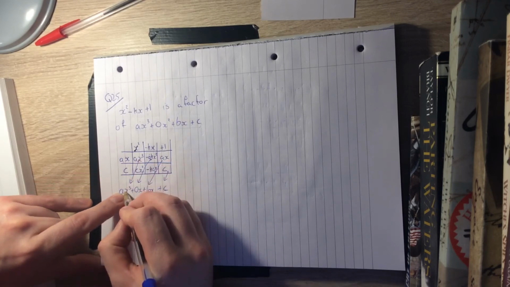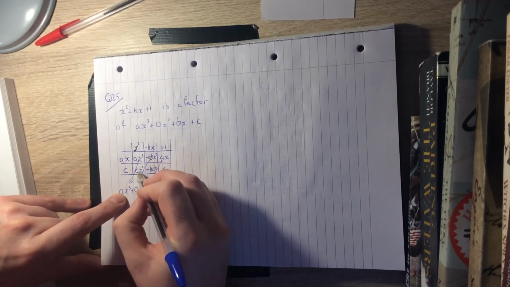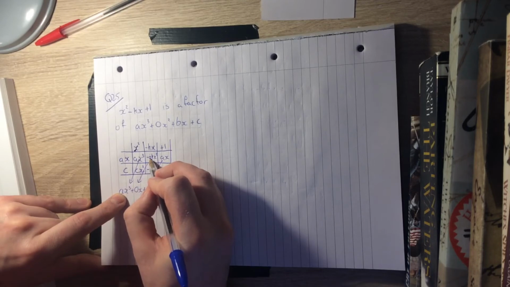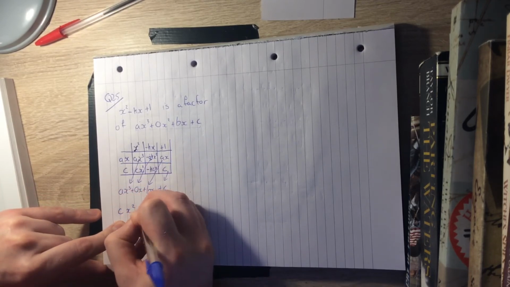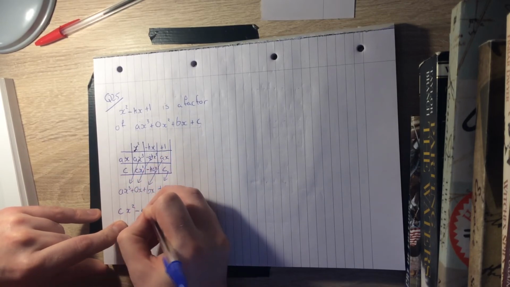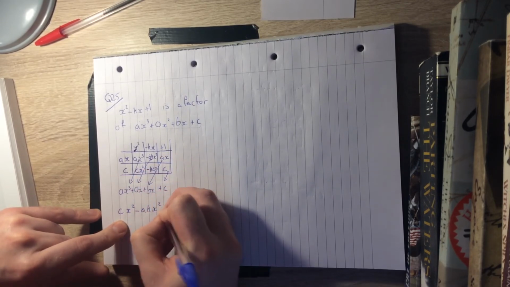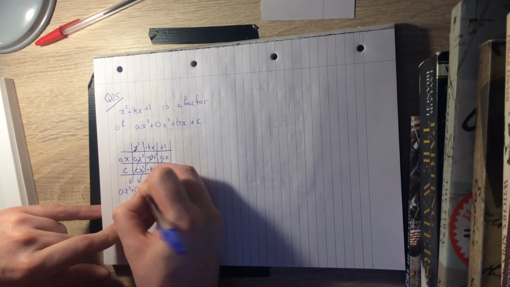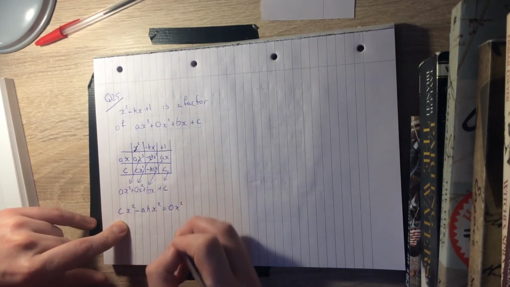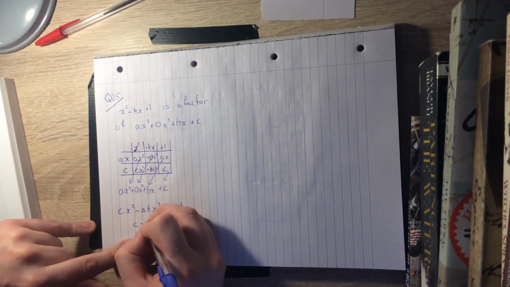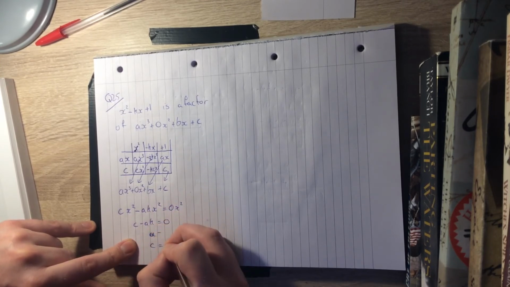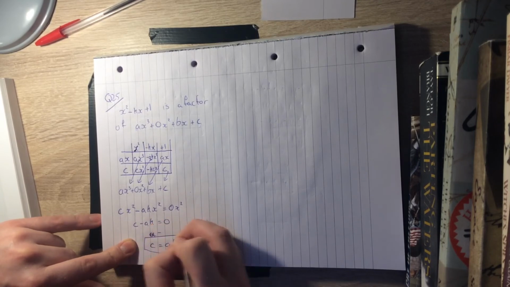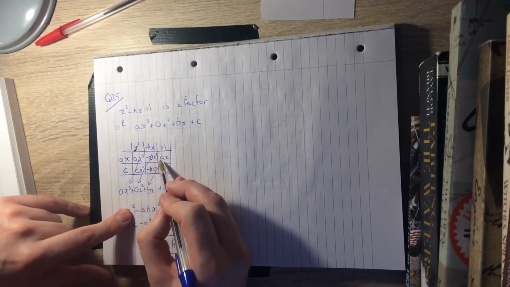Well, ax cubed is ax cubed, no surprise. cx squared take away akx squared equals 0. Oh, that should have been 0x squared. Well, that tells us that c take away ak is 0, or that c equals ak. Okay, we'll come back to that in a minute.